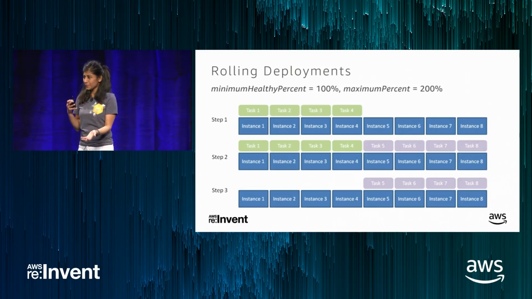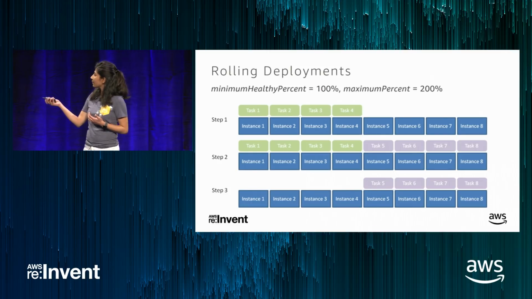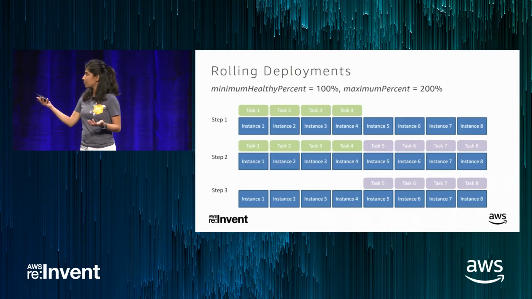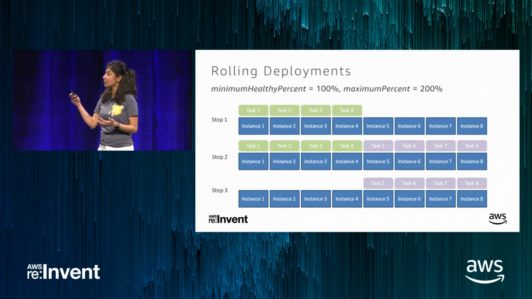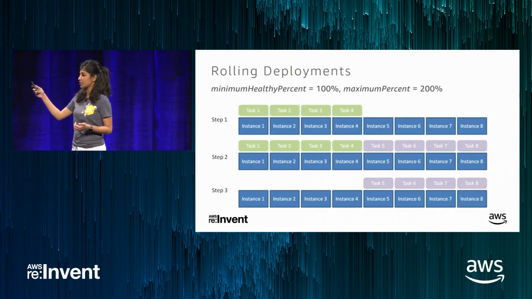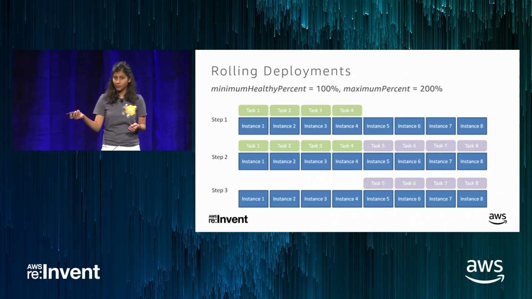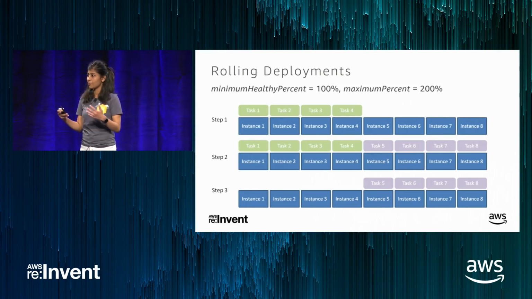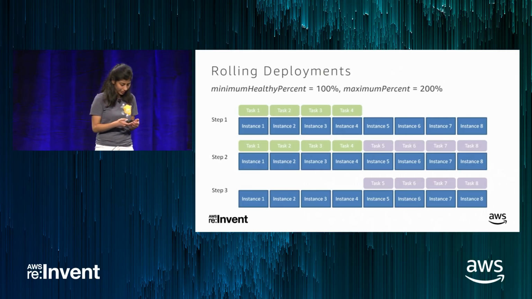But if you observe the difference between the last slide and this one, you'll see that because we had specified minimum healthy as 100%, we needed new instances to satisfy the need for our purple tasks. So this required a scale up of the instances in your cluster as well.